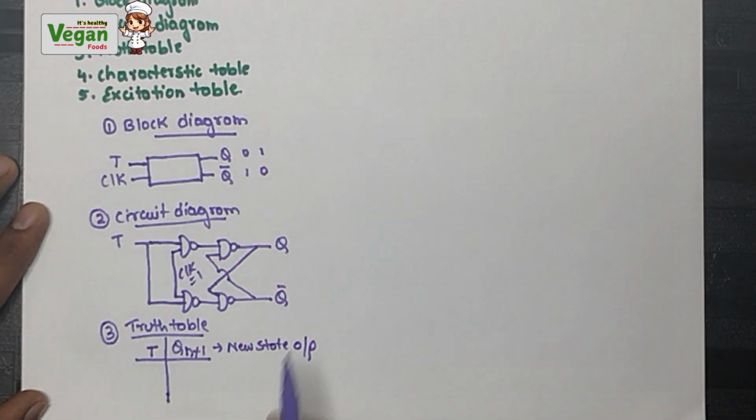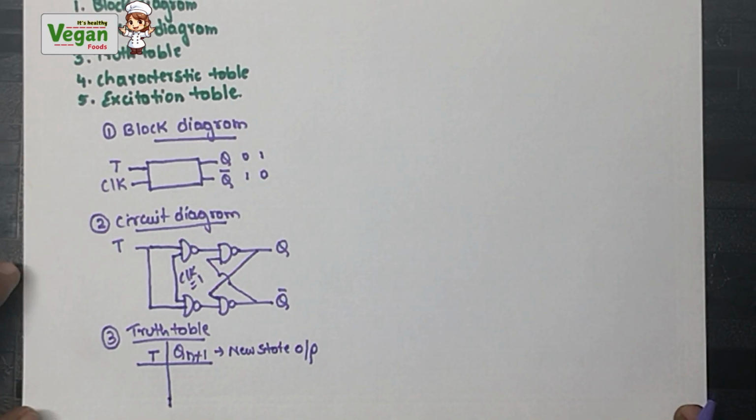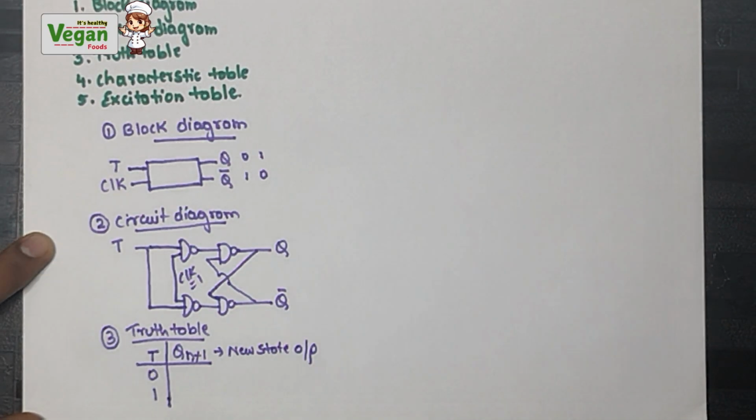Since I have only one input, what will be the combination? 0 and 1. When T value is equal to 0, the output, that is the new state output, will be equal to Qn. What is Qn? Previous state output.